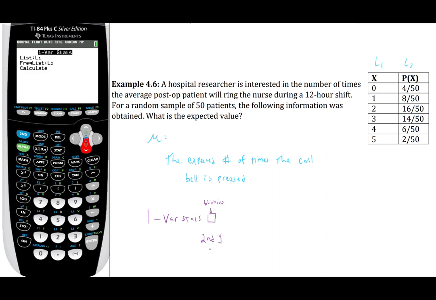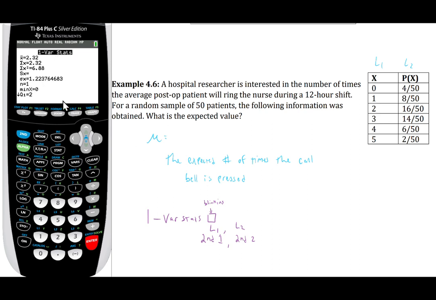That'll bring up L1. Comma, second, and the number 2, and that'll bring up L2. Now, if you watch my videos quickly, it's going to show up for half a second, and then it's going to show me the results. See, there it is, and there it goes.